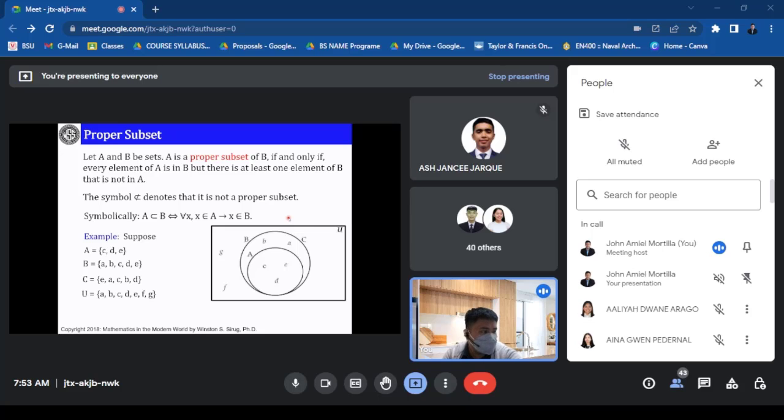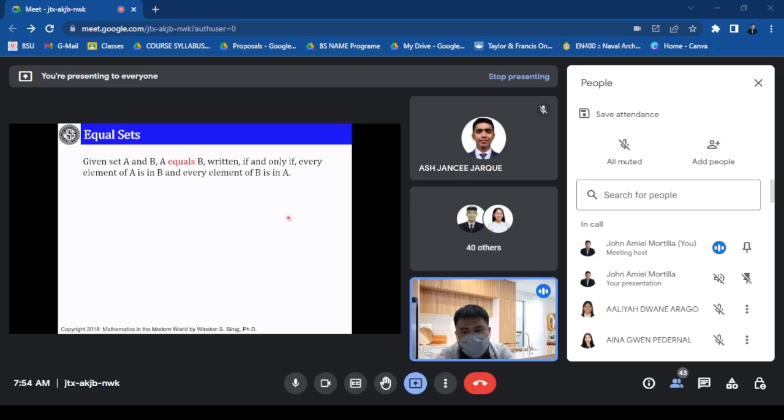So what we showed earlier is also a proper subset. A is a proper subset of B since all elements of A are in B.